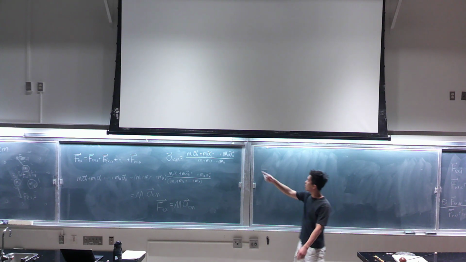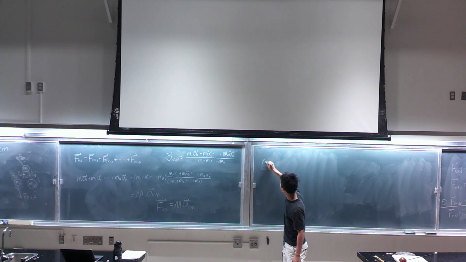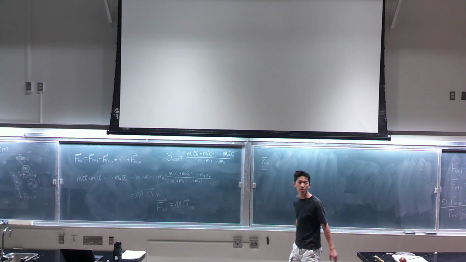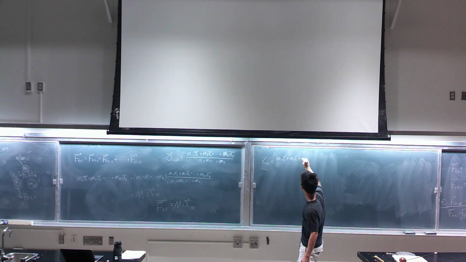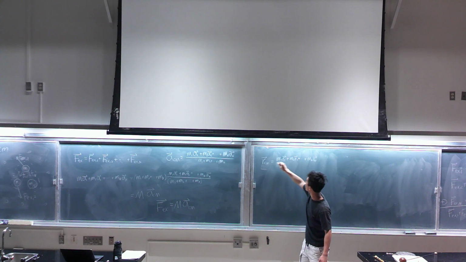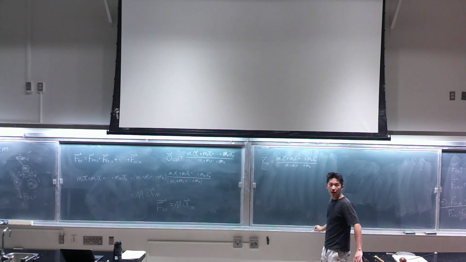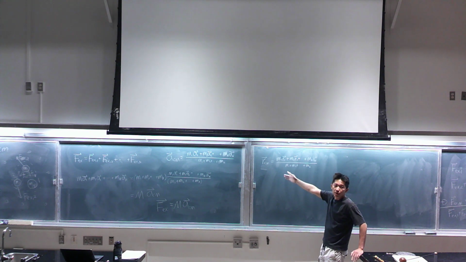So what is this thing? I claim that if you define some position, called the position of center of mass, and define it by the sum of the position of the particles inside your system, divided by the total mass of the system, I claim that that acceleration will be the acceleration of this point.